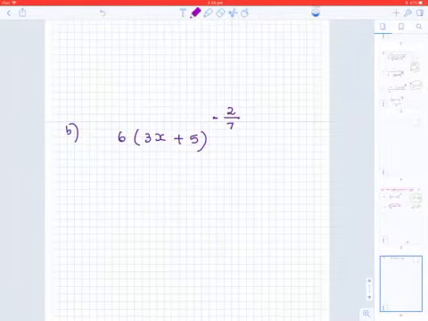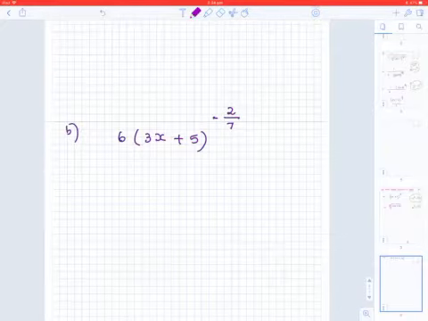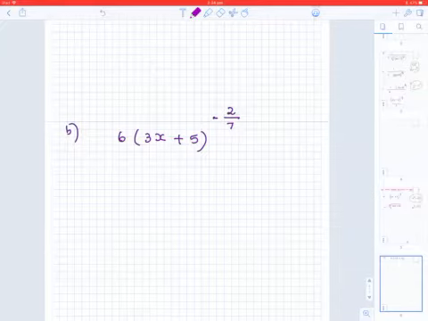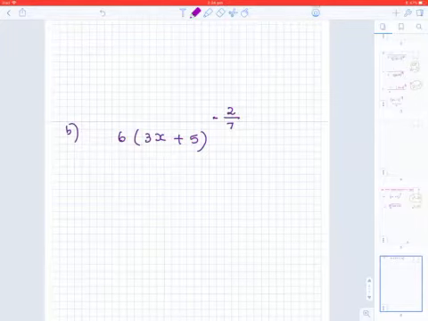Okay, we'll do another question, a little harder. The question says you have to write without fraction or negative indices, whereas in this question, 6 times 3x plus 5 to the power negative 2 over 7, this has a fraction, and this has a negative as well. So first I'm going to take the negative off.